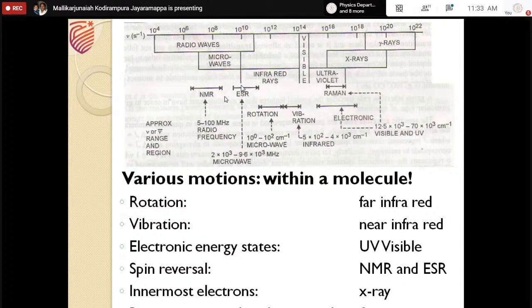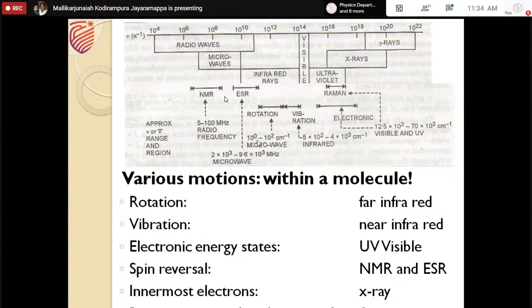Now, let us try to understand why we really worry about this entire electromagnetic spectrum. If you start from a molecule, all the motions occurring within the system can be studied using this entire electromagnetic spectrum. To begin with, the energy required for a molecule to rotate comes in the far infrared region of the electromagnetic spectrum.